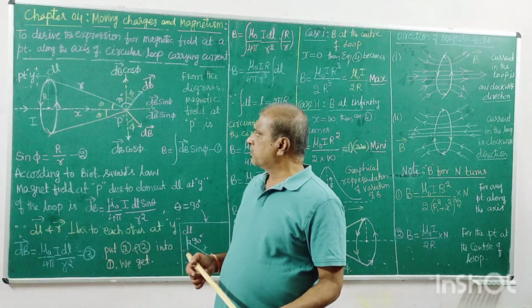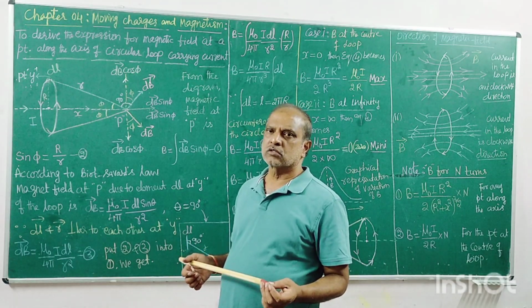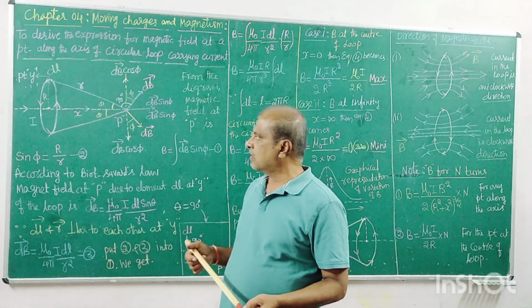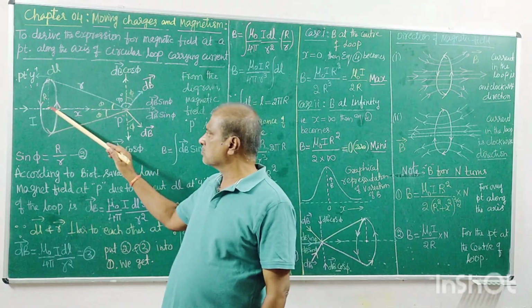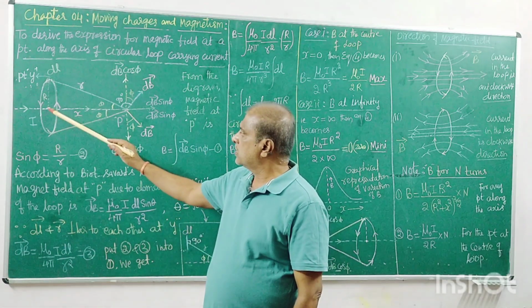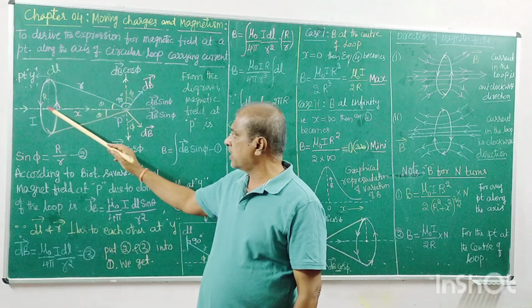In addition to this, we have a magnetic line of force. It is always a straight line along the axis of the circle. This is the axis of the circle, the straight line passing through the center of the circle.